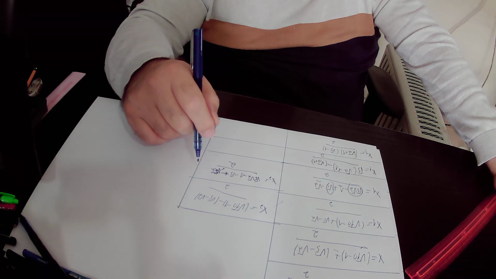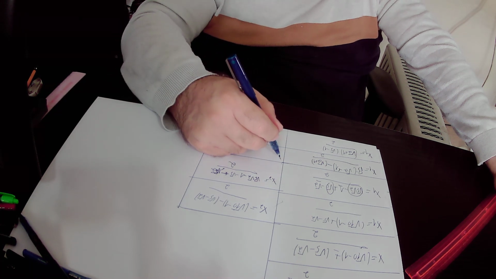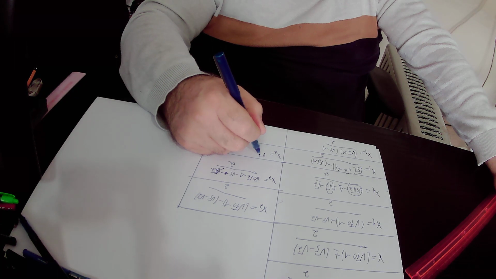Here we take square root of 5 as a common factor out of these expressions, and we get that x2 equals square root of 5 as a common factor.